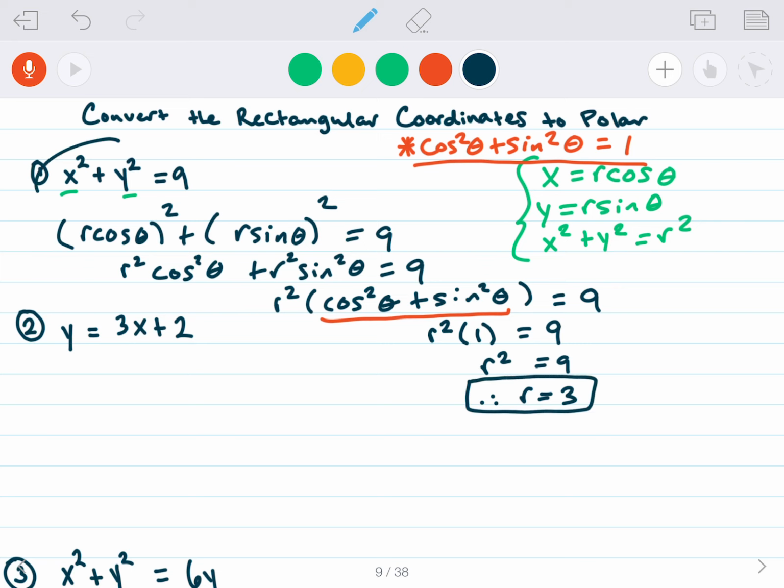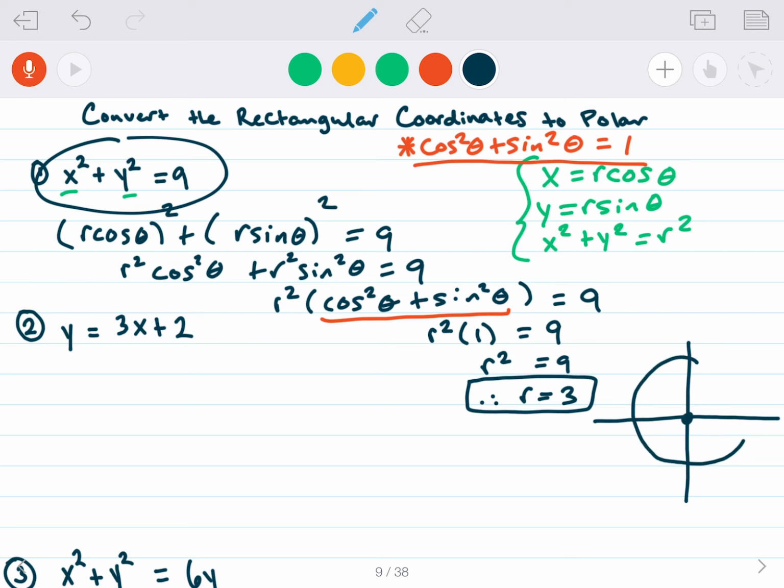So these two things describe the same exact thing. It's just the circle that has a radius of 3, and it's centered at the origin. It doesn't include the inside of the circle, by the way. It just says x squared plus y squared equals 9.